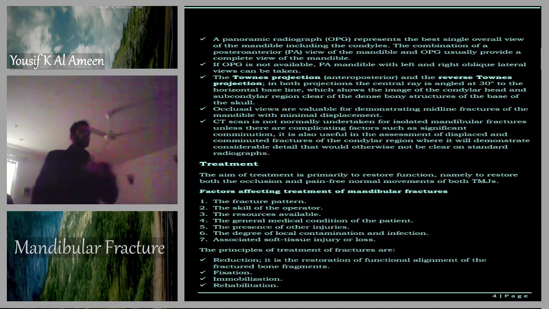This one is also important, associated soft tissue injury or loss.